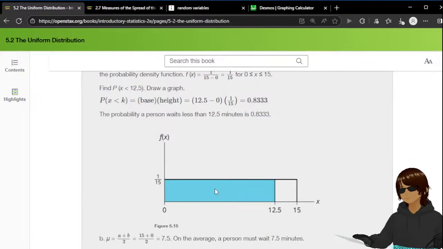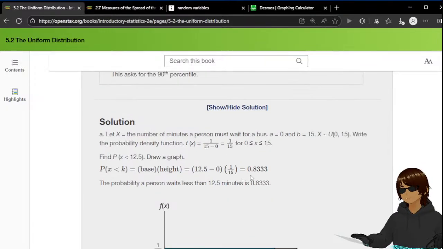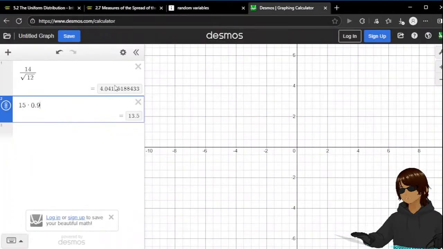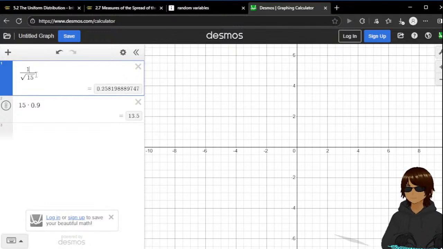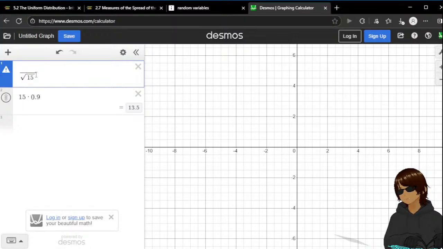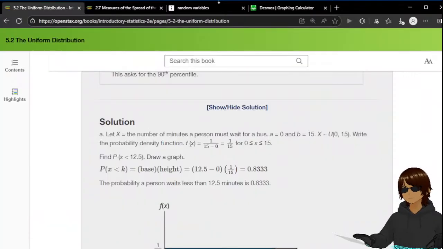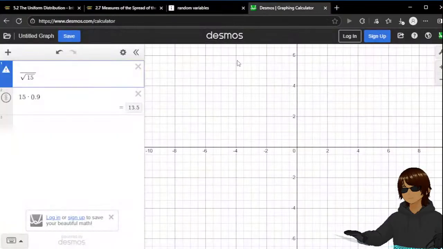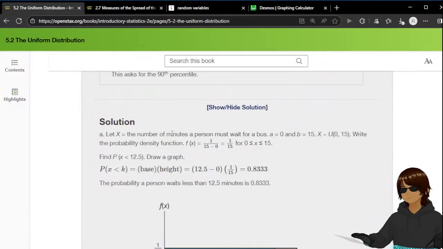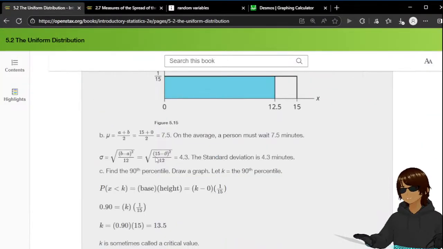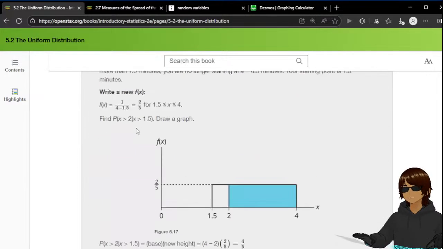The height is 1 over 15, 0.5 and 0.83333. Then I have this, which is 4.3, 13.5.